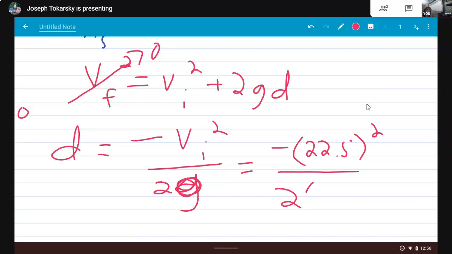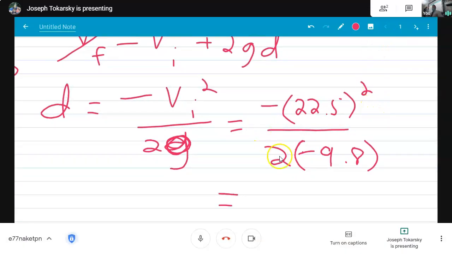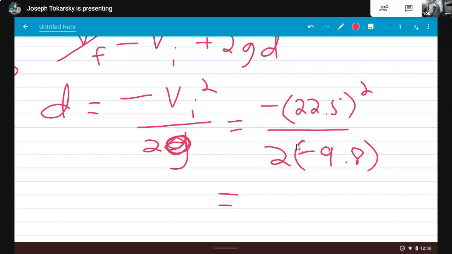That's a G. 2 times negative 9.8. Solving for D. And the negatives will cancel, which they better because our maximum height's going to be up, right? So they better get a positive number, which means above where we started. So that's going to come out to about 25.8 meters.